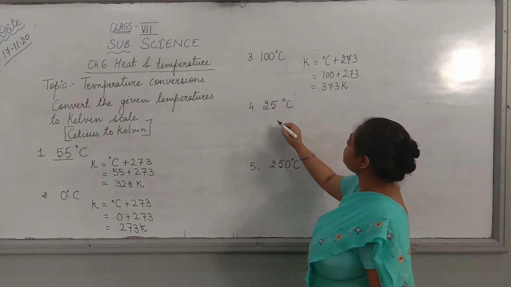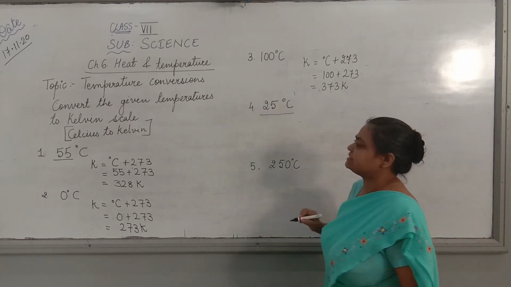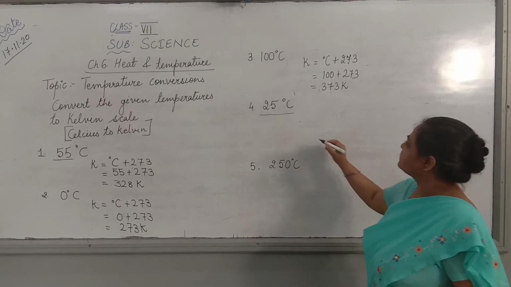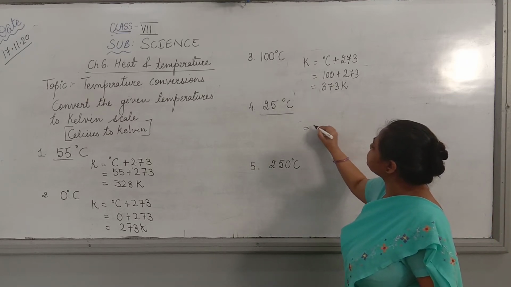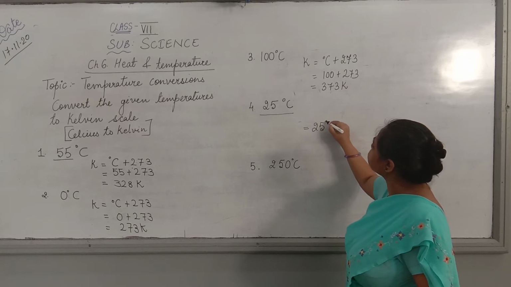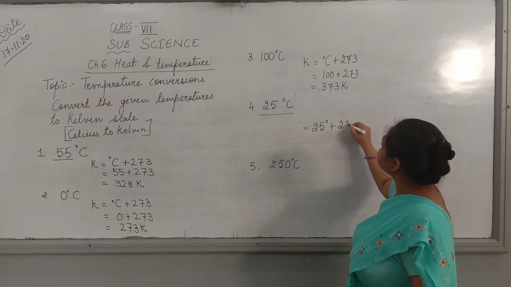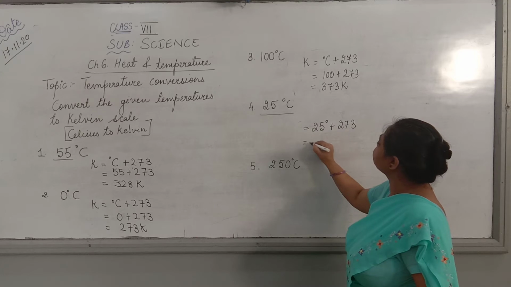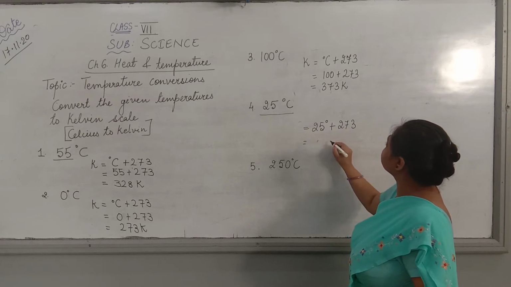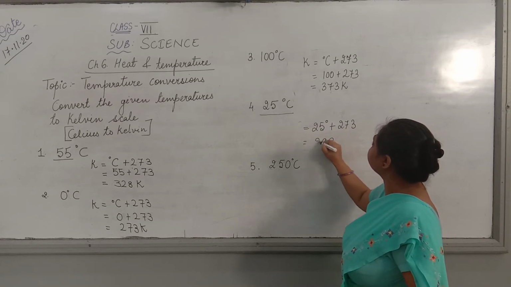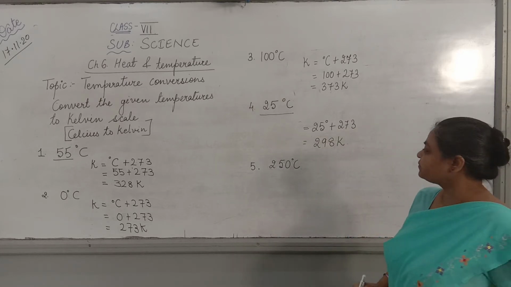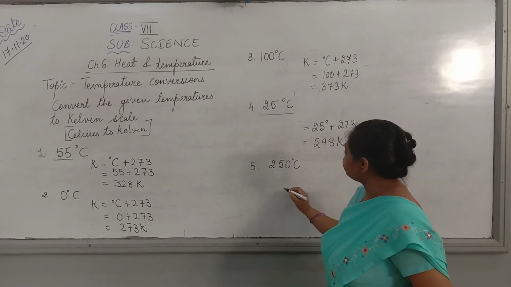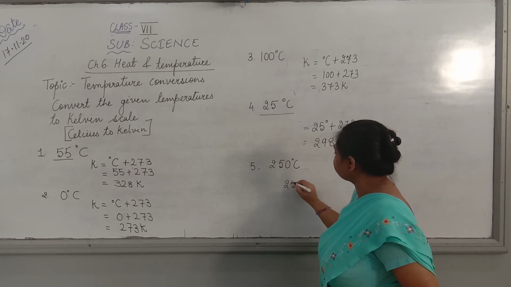Question number 4. 25 degree Celsius. So I won't write the formula again. I will just add 25 degrees plus 273 will give you 298 Kelvin. Understood? And last one, 250.